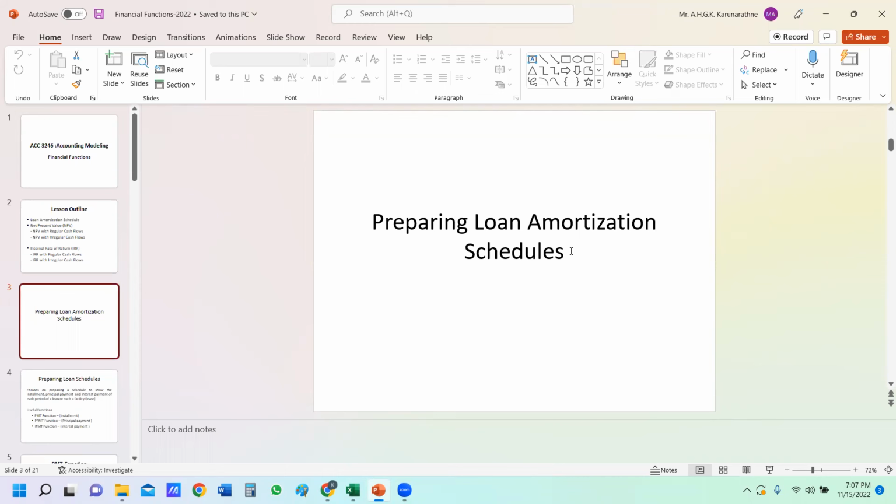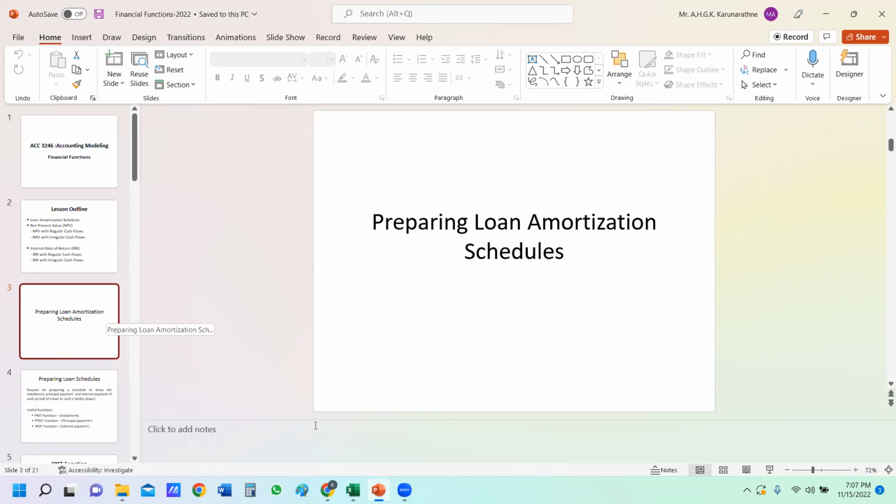For example, in financial accounting, when you prepare a loan repayment schedule for a leasing arrangement or any finance arrangement, you are usually required to prepare this schedule. In financial management, this loan repayment schedule is again very popular. So you are familiar with this concept, and I am not going to discuss what a loan repayment schedule is from the very beginning because you are supposed to have the prerequisite knowledge.